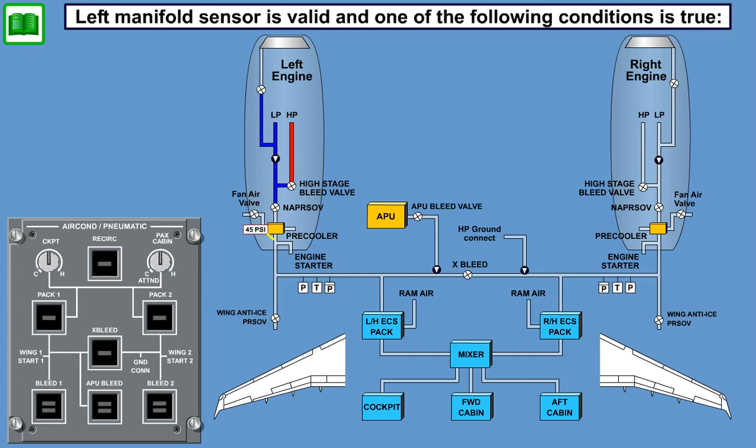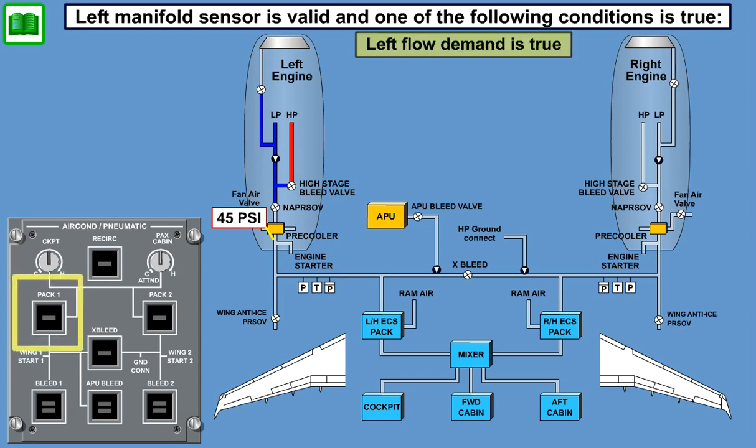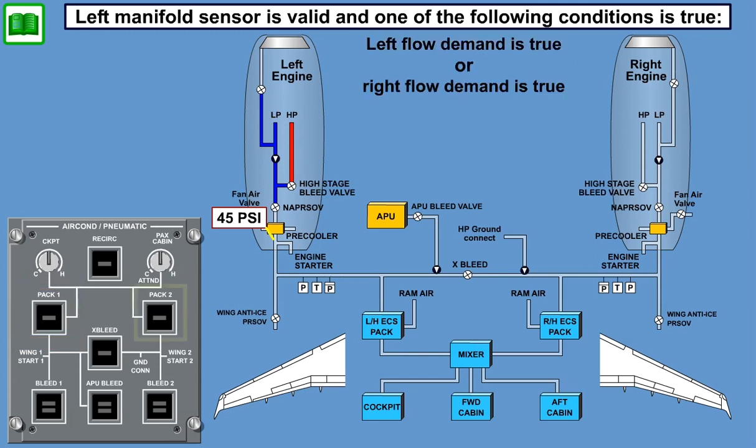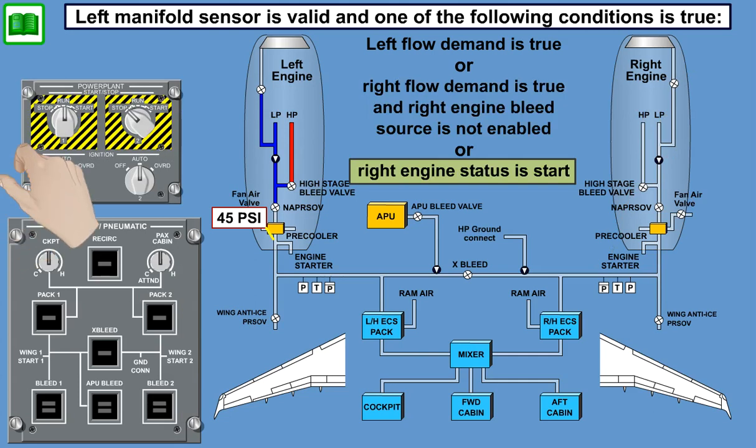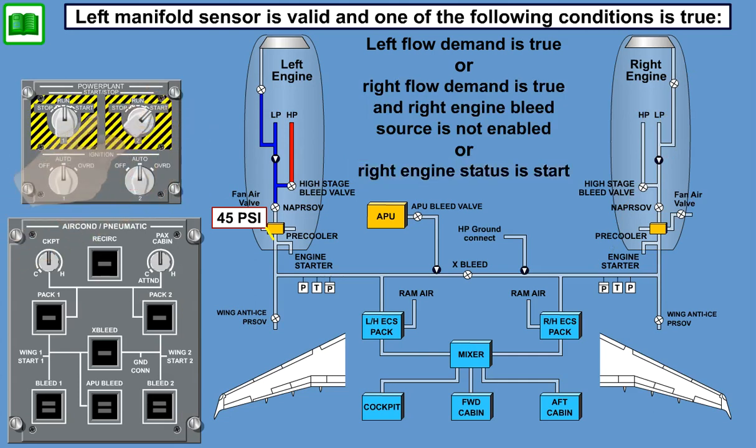Left manifold pressure sensor is valid, and one of the following conditions is true: left flow demand is true, or right flow demand is true and the right engine bleed source is not enabled, or right engine status is start.